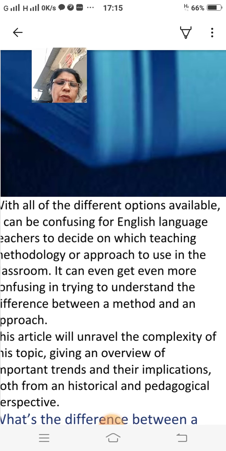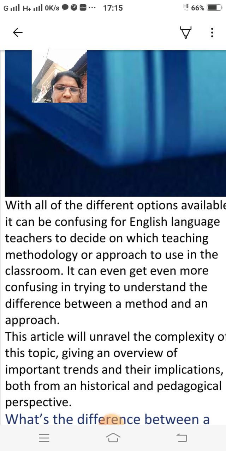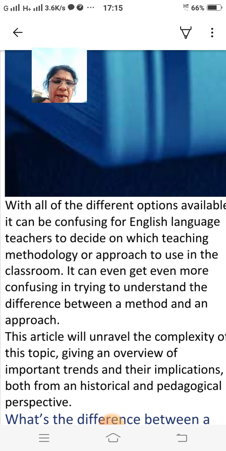With all of the different options available, it can be confusing for English language teachers to decide on which teaching methodology or approach to use in the classroom. It can get even more confusing in trying to understand the difference between a method and an approach.